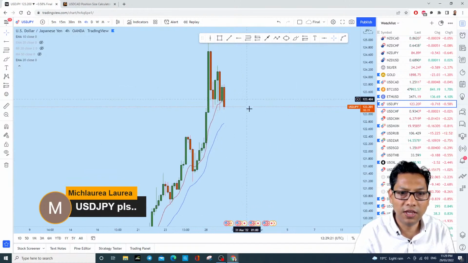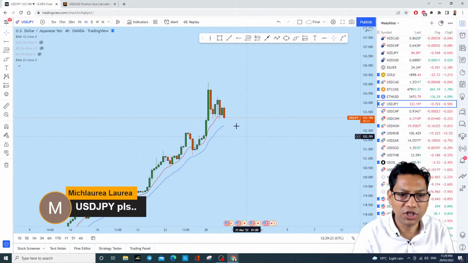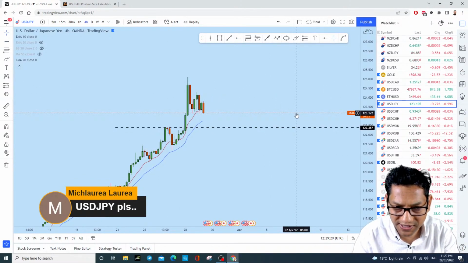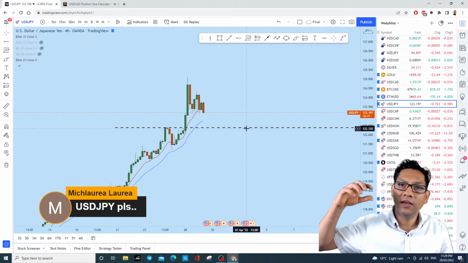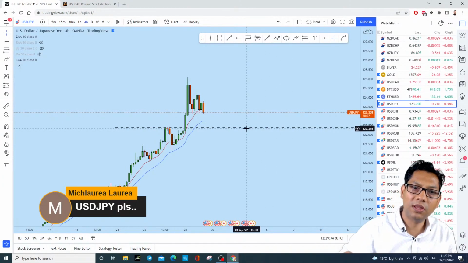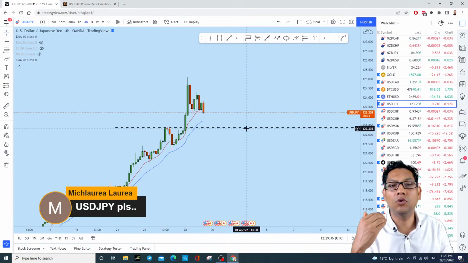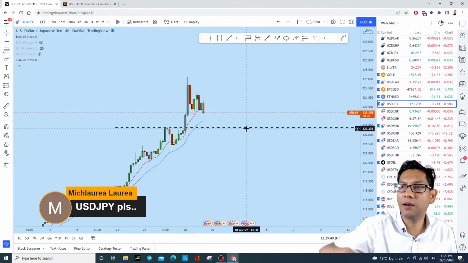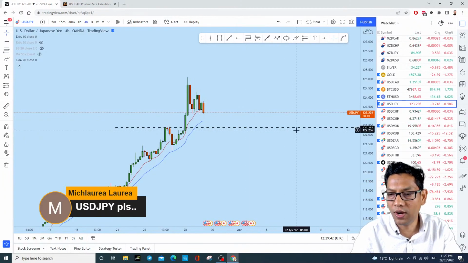So if dollar yen creates this kind of structure, we might find another opportunity here. But for now, I will keep dollar yen aside. See, when the market is highly bullish and then falling, you can consider it a retracement. Wait for the retracement, wait for another bullish move, and then you can trade with high probability.